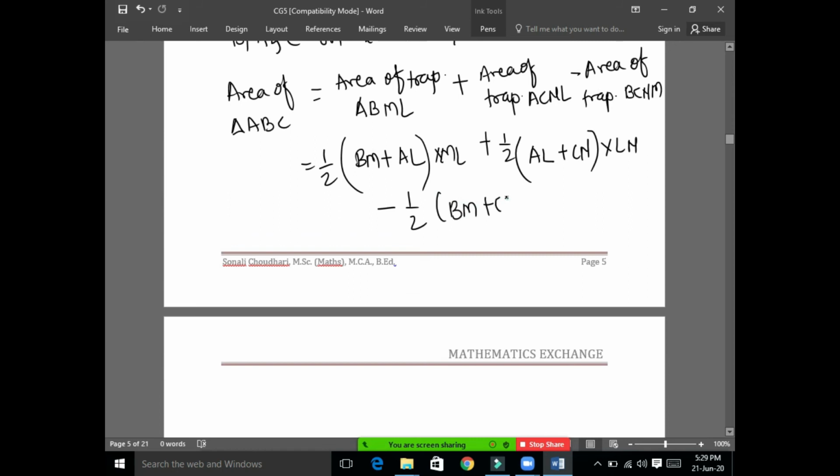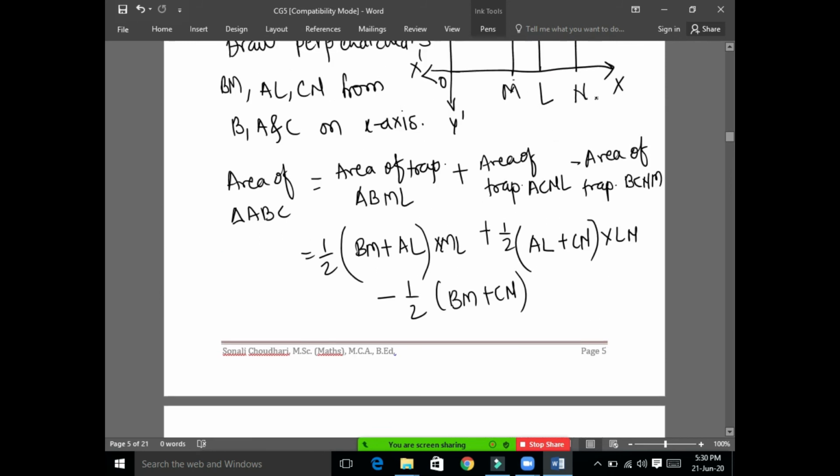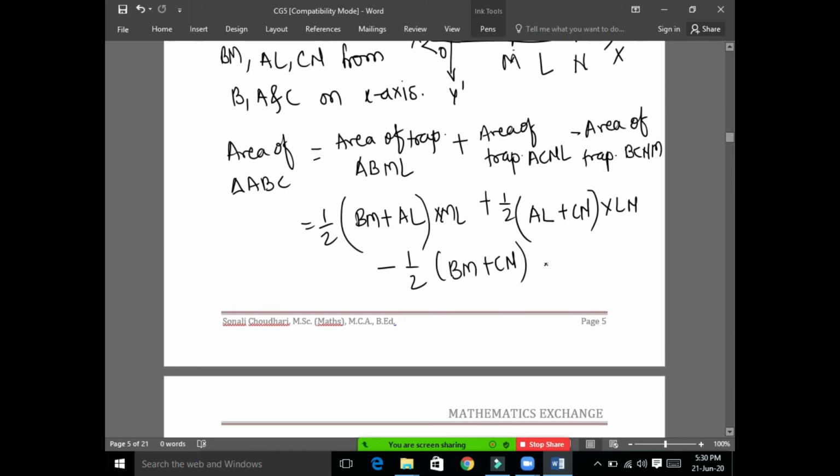So BM plus CN multiplied with MN. MN is the perpendicular distance. So here the area of a trapezium formula is half into the sum of parallel sides into height. So this formula we use in this expression.